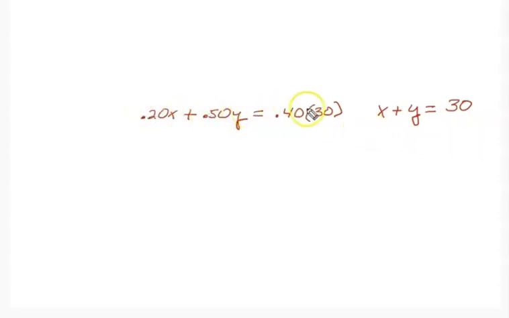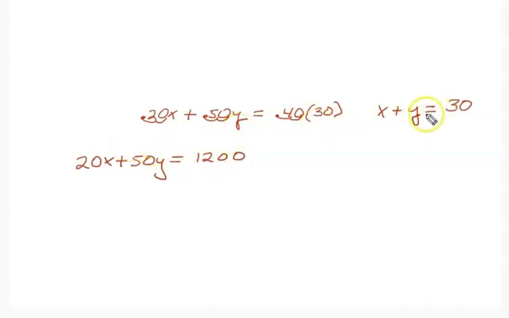Well, looking at this equation, I see I have lots of decimals. So I'm going to multiply the whole thing by 100, which just moves the decimal point over 2 places. So now this will become 20x plus 50y equals 1200.